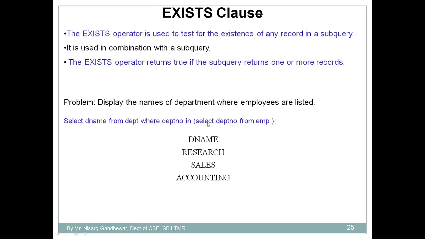Look at the inner query in the earlier version: select department number from employee. Suppose in the employee table thousands and lakhs of records are there. In that case it returns the data of that department number, whether matching or not matching, so that issue will be there.